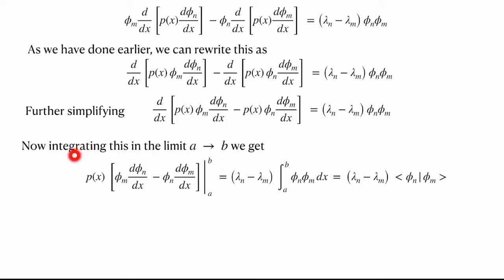That is why it is called the Sturm-Liouville boundary term. And if this is equal to 0, then we say that the Sturm-Liouville boundary condition is satisfied. On the other side, we have lambda n minus lambda m into the integral from a to b of phi n phi m dx.